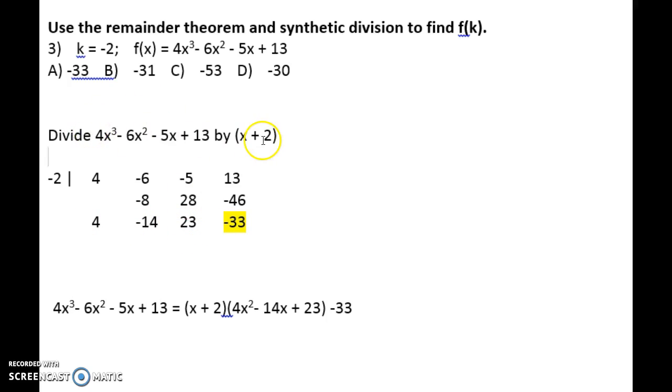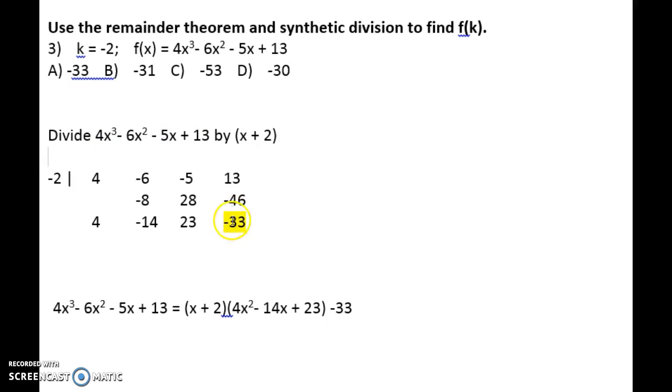When you actually do this division, you would get 4x squared minus 14x plus 23, your coefficients. And then your remainder is -33. And you can check this. This actually works. If you multiply this polynomial all the way through and subtract 33, you will get that polynomial we just divided into.